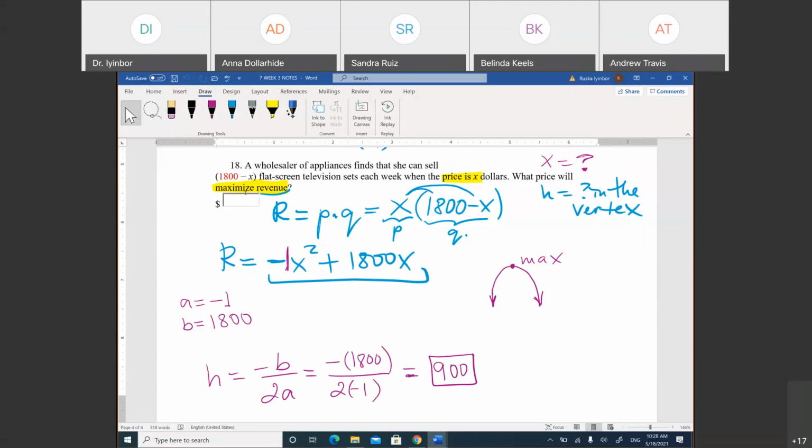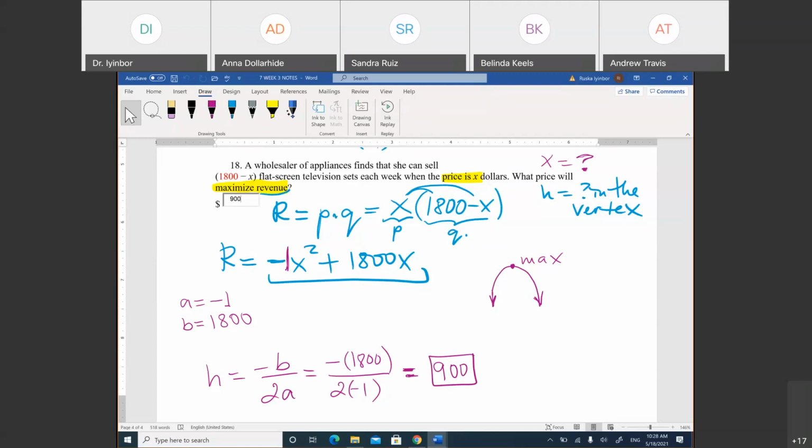Okay? Everybody understanding that? Any questions? I just have a question. I don't remember learning about revenue in the equation. Yes, the revenue. Okay, what is revenue? Revenue is if you sell something, how much money you're going to receive.